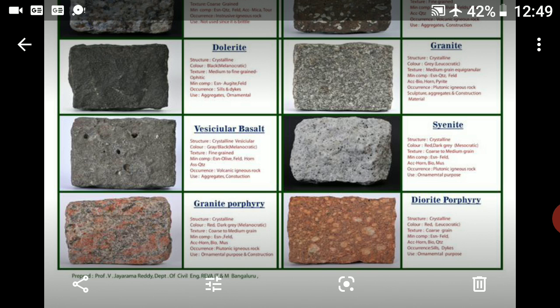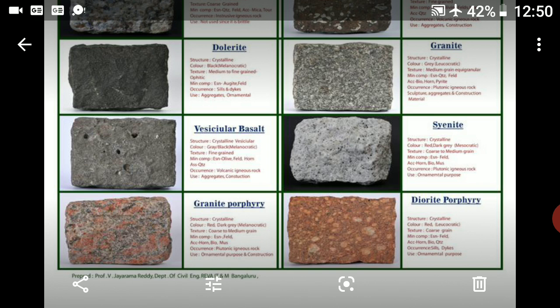Next is granite porphyry. Structure is crystalline, color red, dark gray, texture coarse to medium grain. Mineral composition: essential is feldspar group, accessory hornblende, biotite, muscovite. Occurrence: plutonic igneous rock. Use: ornamental purpose and construction. Next is diorite porphyry.